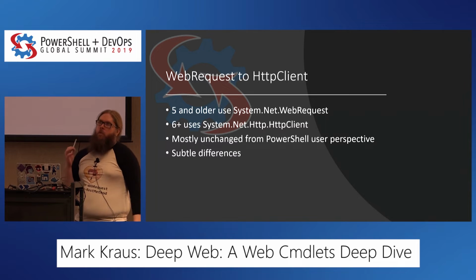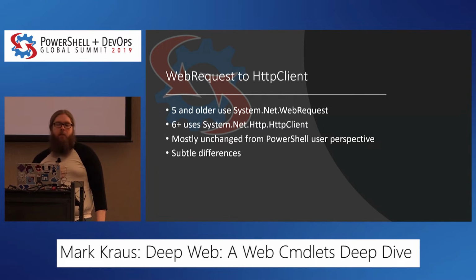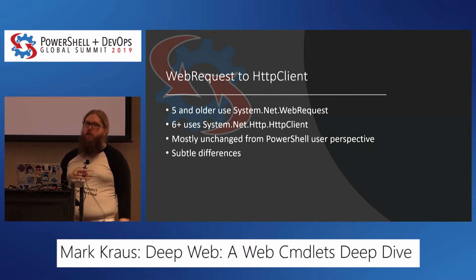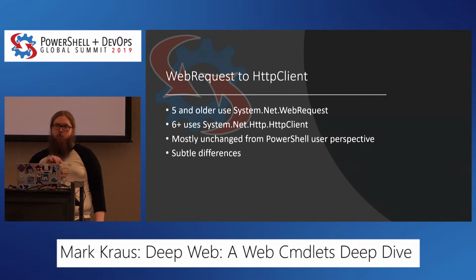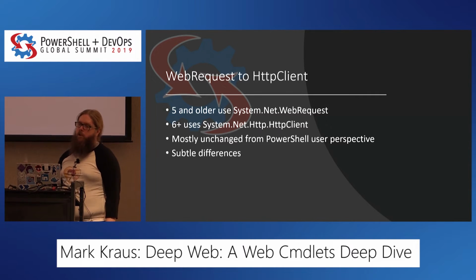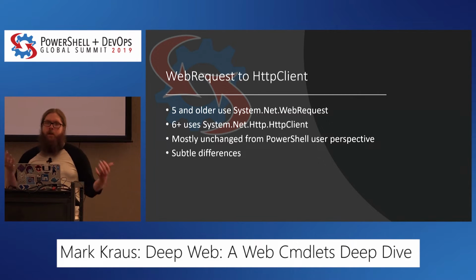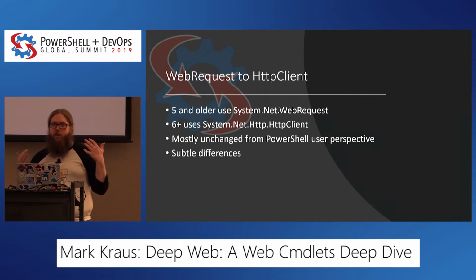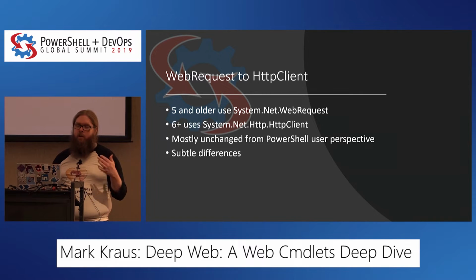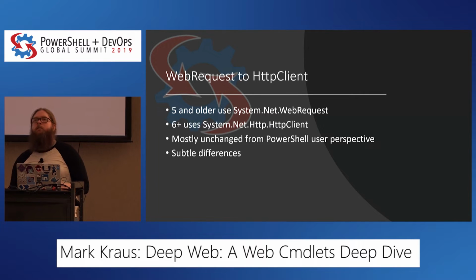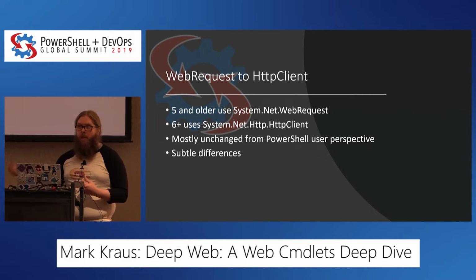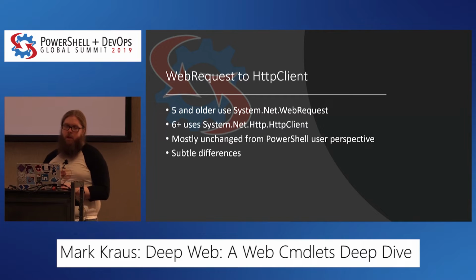So a lot of the underlying changes here, and I've already briefly touched on this, are because in the move from 5.1 to 6.0, underneath the hood there, we changed from web requests to HTTP clients. These are .NET APIs inside of .NET Core and full .NET that the web commandlets are actually using to make their calls to the endpoints.